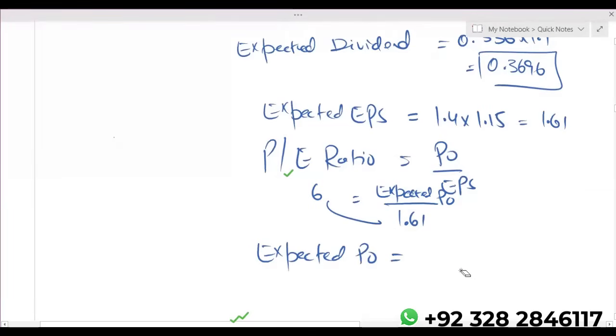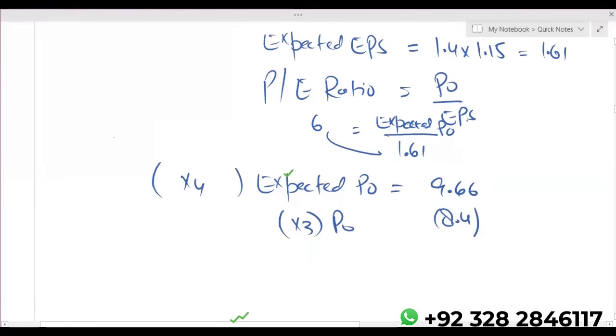Now I can very easily calculate the capital gain. This is expected in X4. P naught of X3 we already have, 8.4. The difference between the two share prices is your expected capital gain. 9.66 minus 8.4.